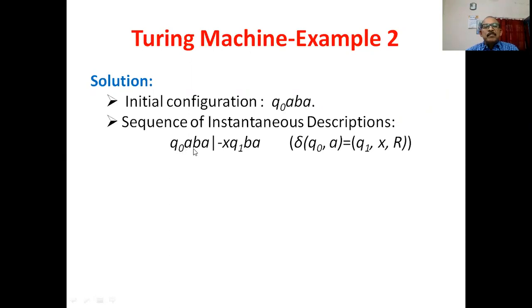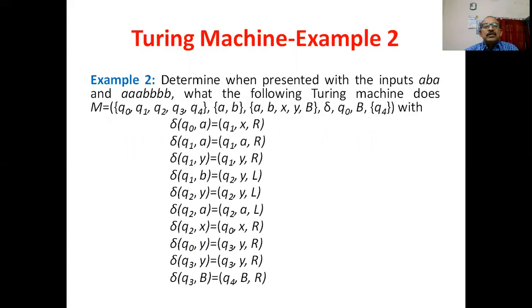What will happen if the machine is in state Q0 and the input symbol under the tape head is A? Here you have to search for the corresponding transition function in the given transition functions.